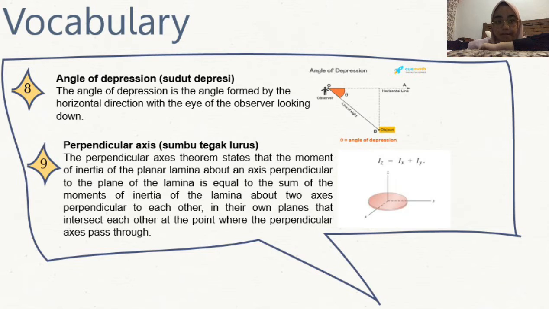For example, next, perpendicular axis, sumbu tegak lurus. The perpendicular axis theorem states that the moment of inertia of the planar lamina about an axis perpendicular to the plane of the lamina is equal to the sum of the moments of inertia of the lamina about two axes perpendicular to each other.